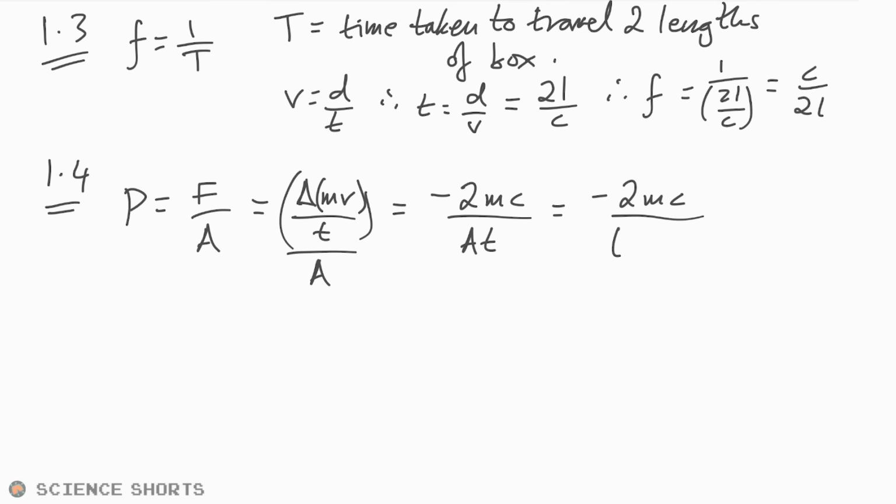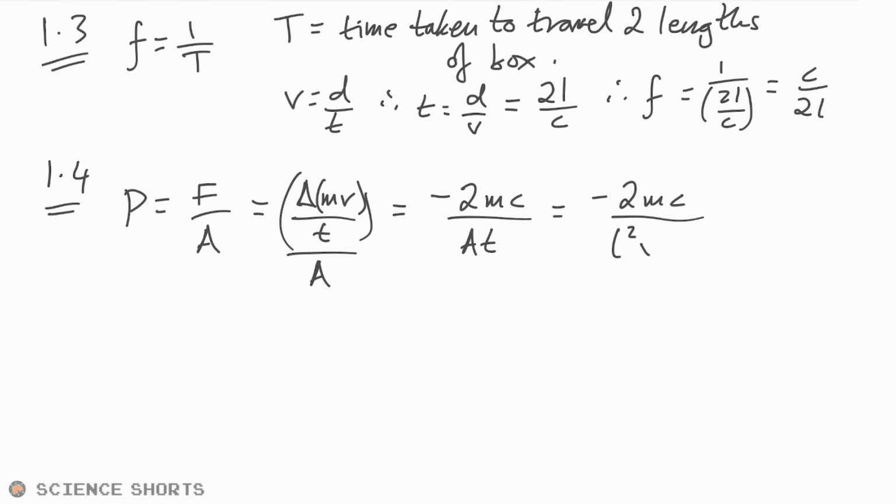And that's times the time. I don't know why they said frequency before. This is a little bit silly because we never use frequency in this context. So divided by the time, and the time we said was 2L over c.